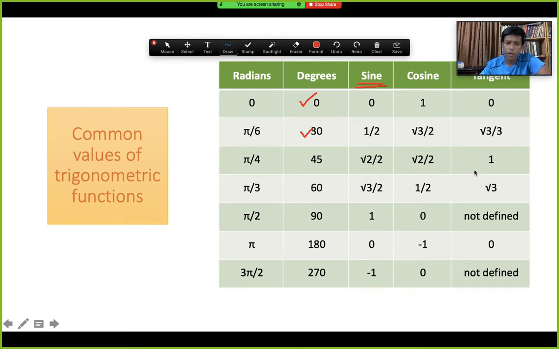Now look, if you want to keep these values in mind to be a pro in maths, most of the time, even in exams, we will give you this chart so that you can take it as help for your calculation.